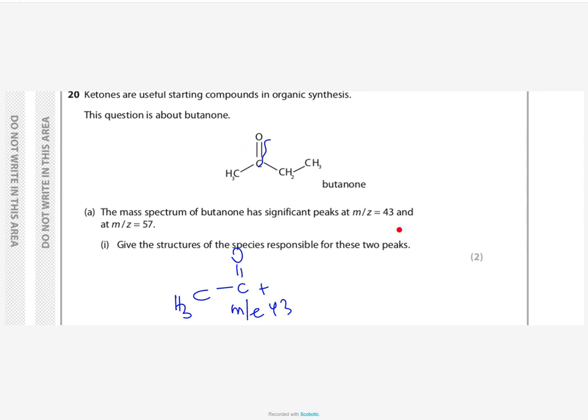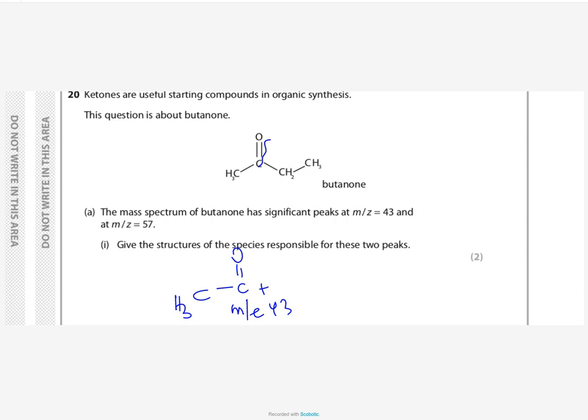And the 57, you break the whole molecule butanone. What's the molar mass of butanone? That will be 57 plus 15, 72, right? So 72 minus 57 is 15. That means you break a CH3 group.